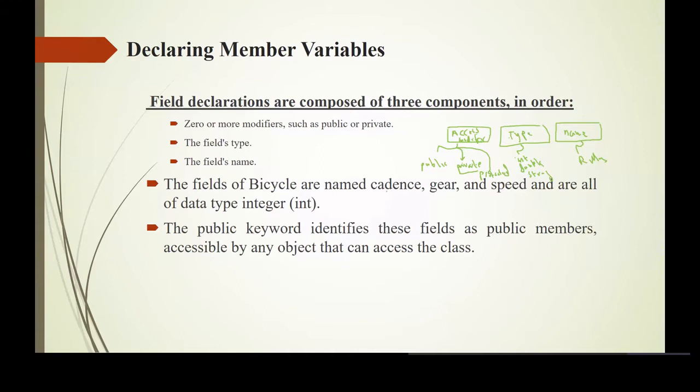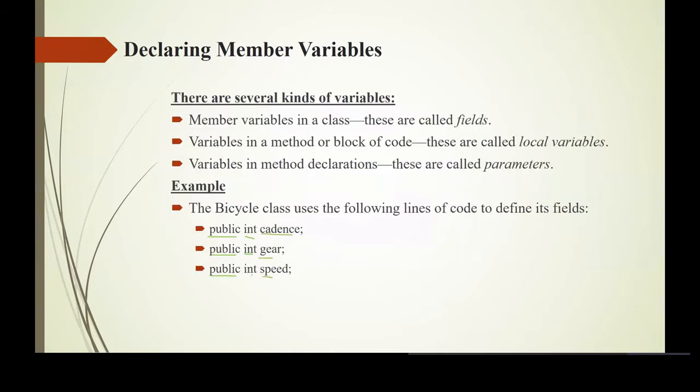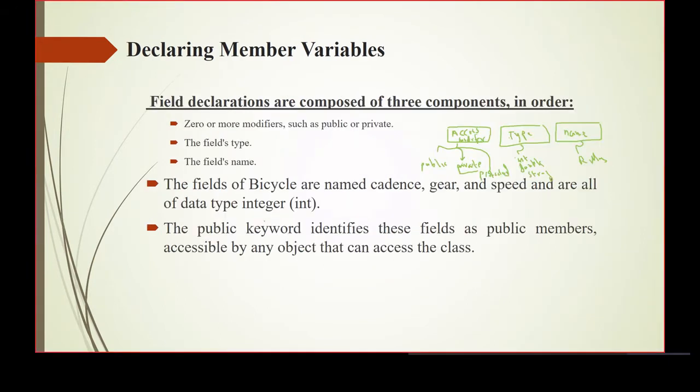Similar to what we did here, we identify that the access modifier is public, this is the data type, the second part, and the third part is the name of the variable. So these are the three components required to declare any variable.